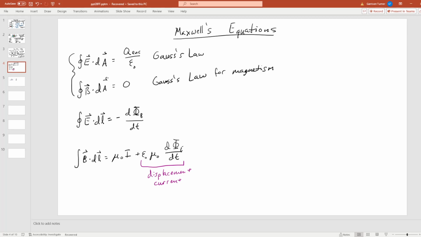So when you draw a Gaussian surface with area element dA around a charge, in principle, then you can calculate the electric field along the boundary of that area, right?